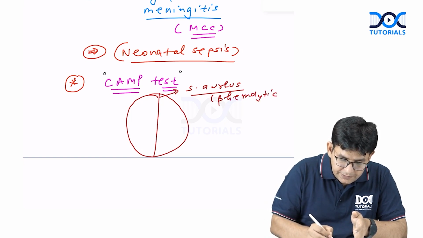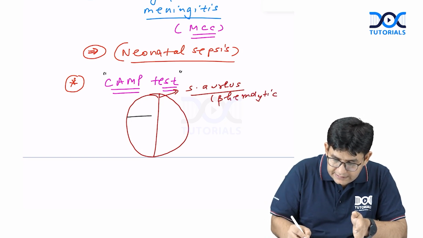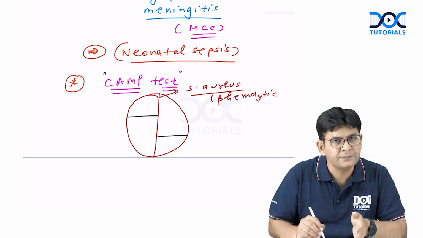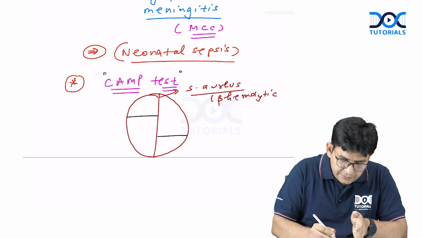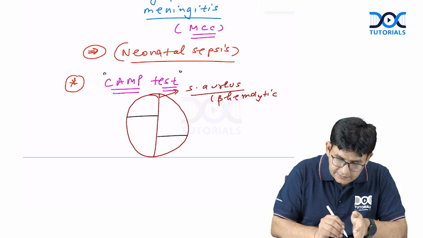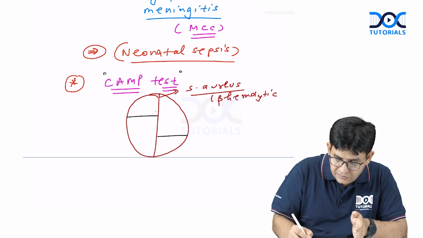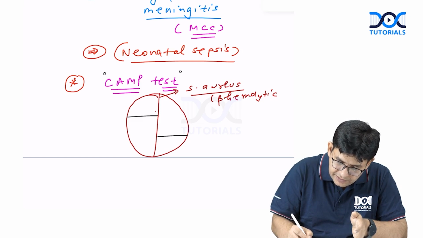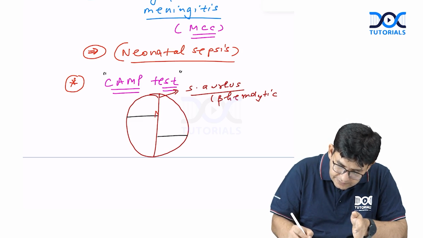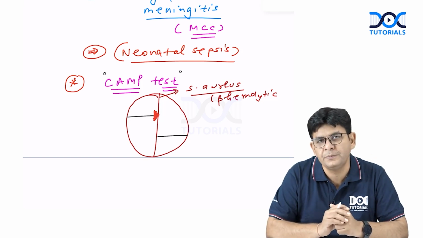Then you have made 2 streaks like this and like this. And what you observe after 1 day is that when this particular streak mixes with this Staph aureus streak, there is an enhancement in the zone of beta hemolysis, which comes in the form of an arrow.